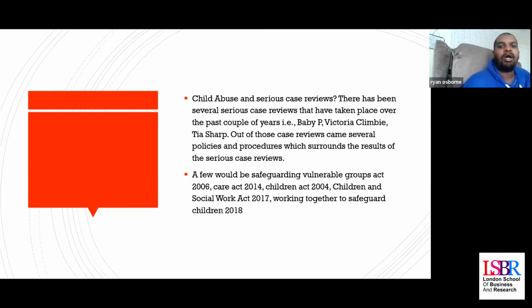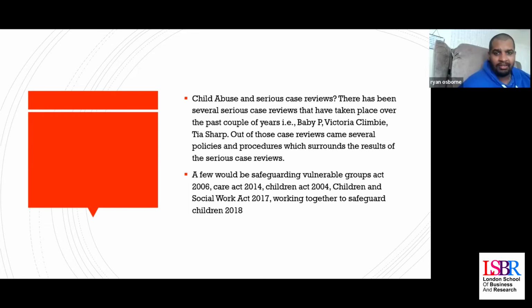Another framework and piece of legislation is Working Together to Safeguard Children 2018. That one is a very big one, because when we look at safeguarding children and working together, 9 times out of 10 it will take the parents, carers, schools, GPs, social workers, local authorities, everybody working with a particular family to work together to safeguard those people.